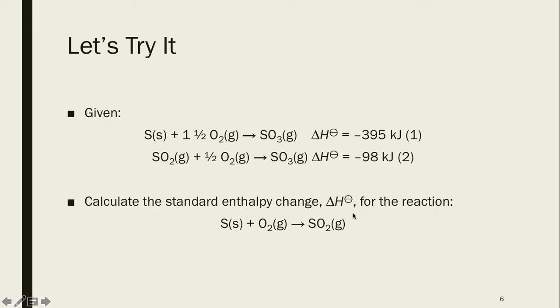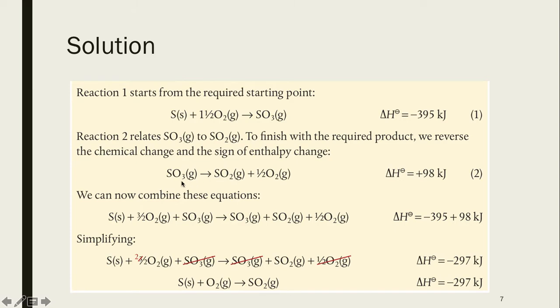If you look at what we want, sulfur dioxide is a product, but in reaction number 2, it is given as a reactant. So we can flip the equation. We make sulfur trioxide a reactant and make our reactants now our product. By flipping the equation, we also flip the sign of our enthalpy change. So if it was negative before, by flipping the equation, you make it positive, and vice versa.